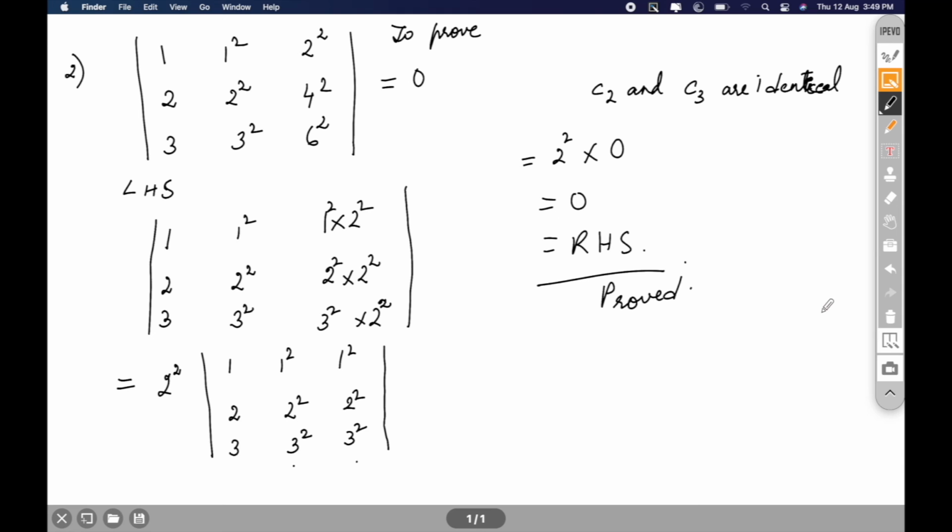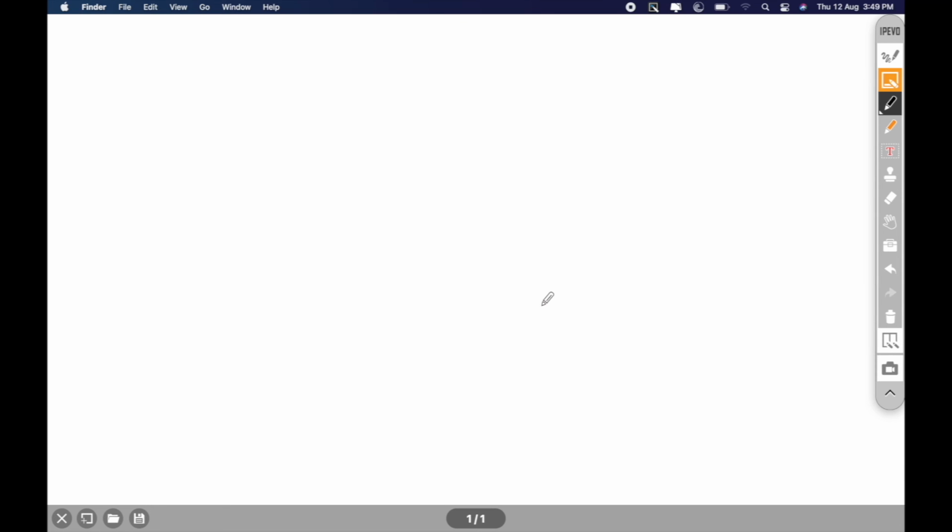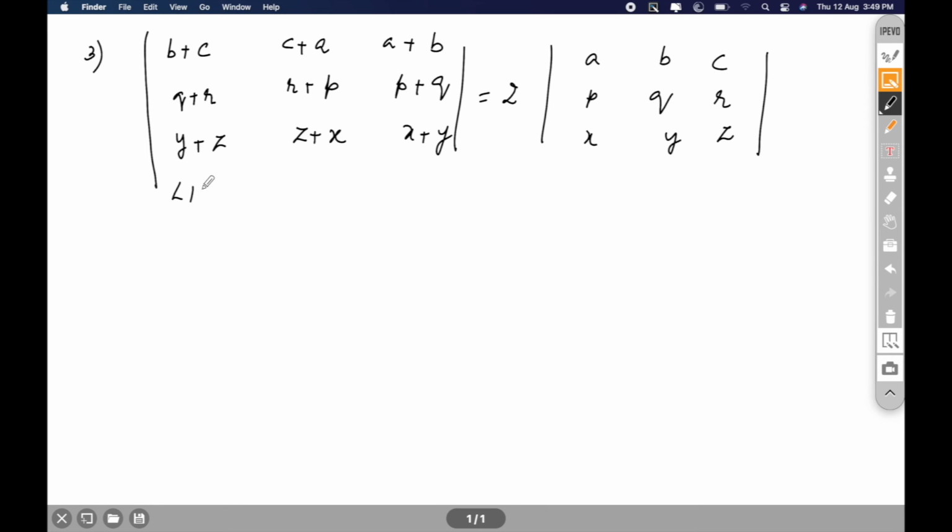So here I have shown you already application of 2 to 3 properties. Now another property. Let us begin with the left hand side here. If you look at the left hand side, you can see that each of the elements here is expressed as the sum of 2 terms.